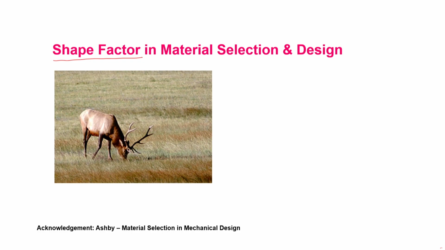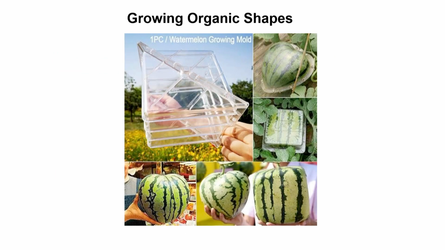Like consider the type of deers, the shape of the horn plays some very important role in terms of clearing obstacles. You see, shape plays a very important role in any form of structure. Consider, for example, the simple watermelon, and you can see that in Japan people put different types of container in the growth phase itself of the watermelon.